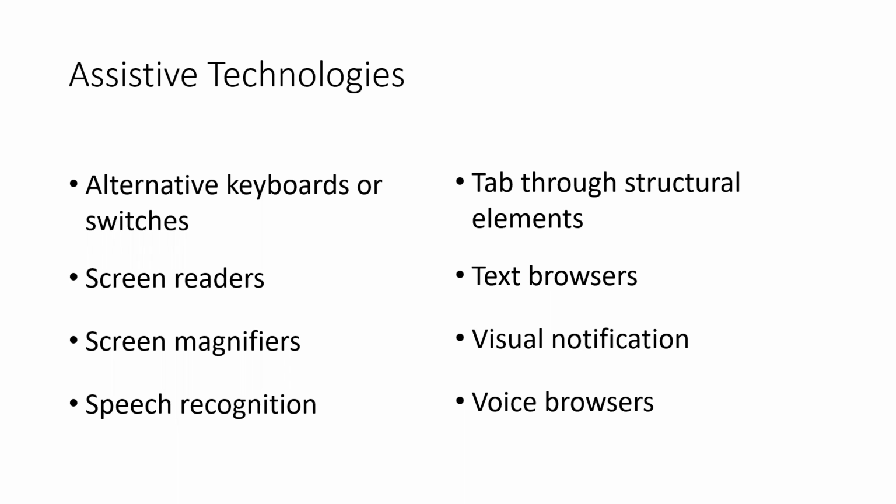Speech recognition software that can accept spoken word commands to the computer or turn dictation into grammatically correct text is useful to those who have difficulty using a mouse or keyboard. You can also navigate through a website using the tab key on your keyboard. There are also text browsers, visual notifications, and other types of voice browsers.